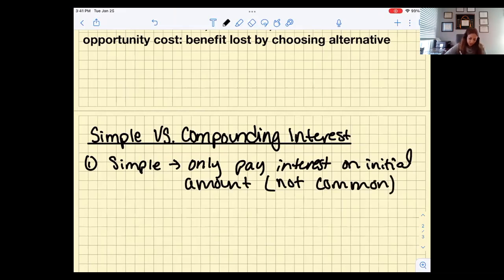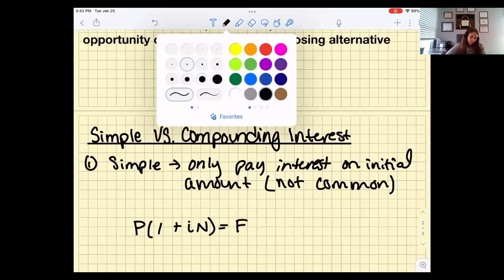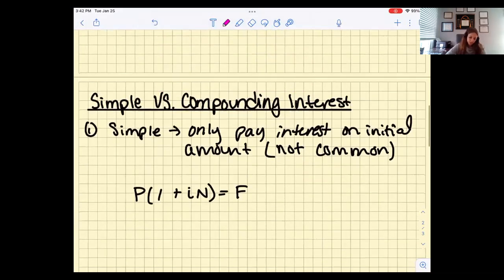So what I am saying is if you had some initial amount P, they think that you just pay all of P plus some interest factor times the number of years to get F. So P is your initial amount.